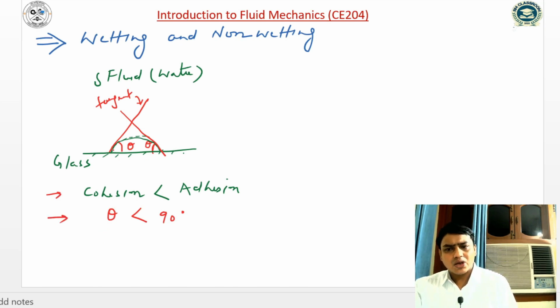We can also say that the nature of the curve of this fluid on the surface is concave. This phenomenon occurs when a water droplet falls on any surface, here glass. So if cohesion is less than adhesion, the angle of contact theta is less than 90 degrees, and the nature of the curve is concave on the top surface, then such a phenomenon is called wetting.